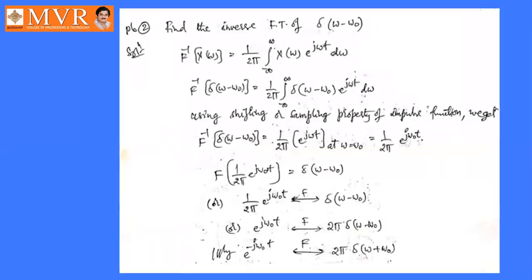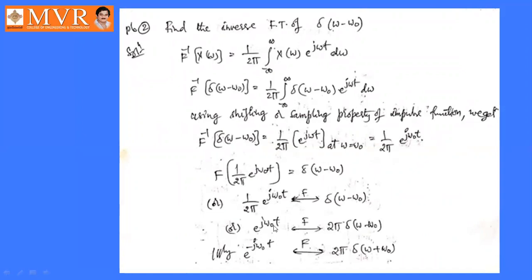The inverse Fourier transform of delta of omega minus omega naught will become 1 by 2 pi into e power j omega naught t, or the Fourier transform of 1 by 2 pi into e power j omega naught t is delta of omega minus omega naught. Or by cross multiplication, the Fourier transform of e power j omega naught t is 2 pi into delta of omega minus omega naught.